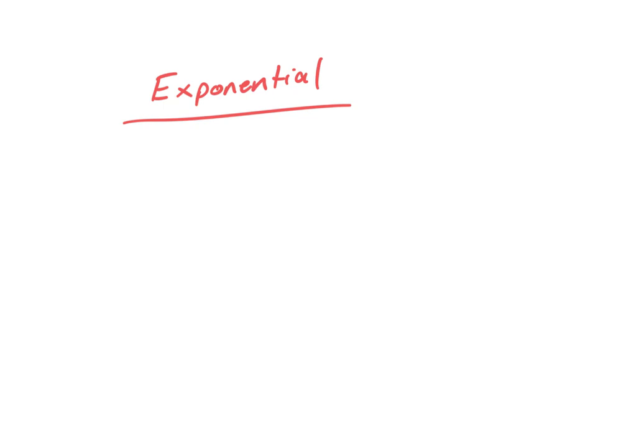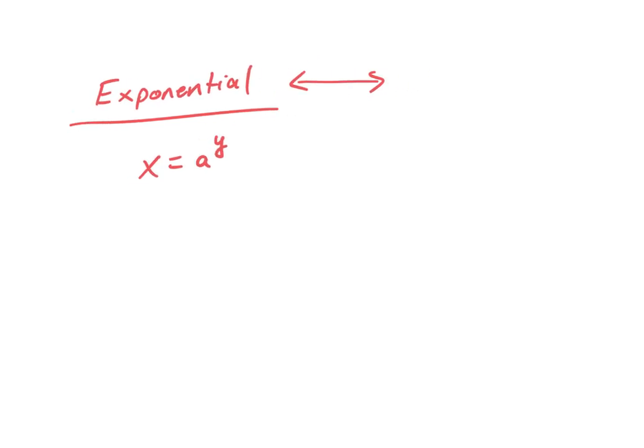But if I said x equals a raised to the y power, this is an exponential equation. And today we're going to do a lot of going from exponential to log or vice versa, and that's why I'm drawing the arrow either way. If I give you an exponential, I should be able to write a log equation. If I give you a log equation, we should be able to write an exponential equation.